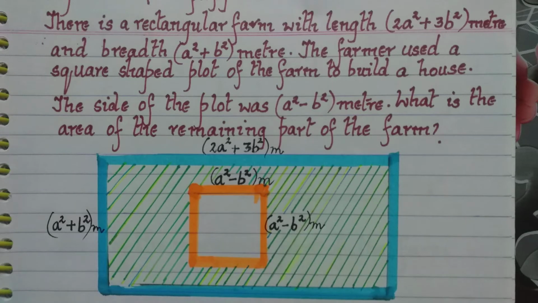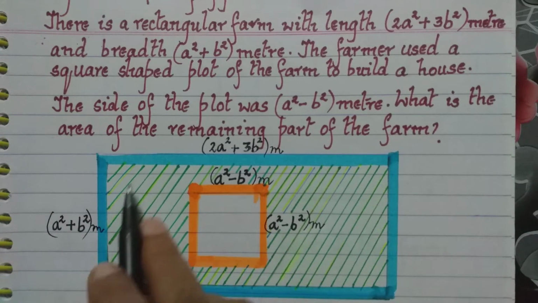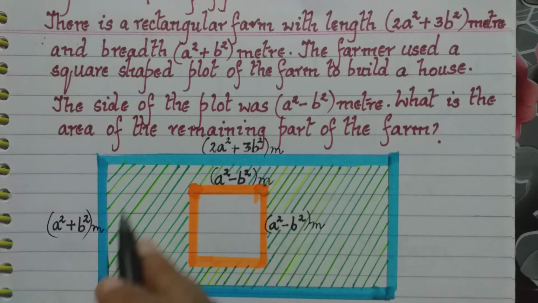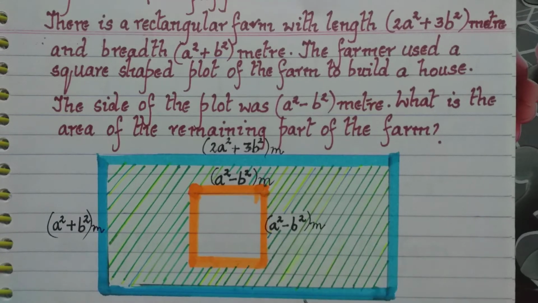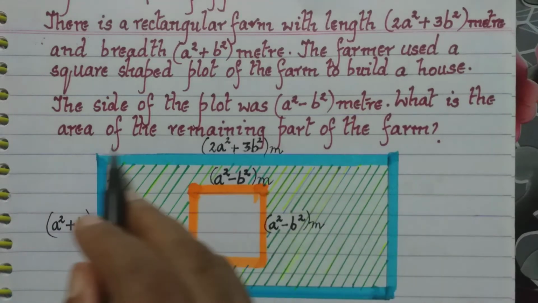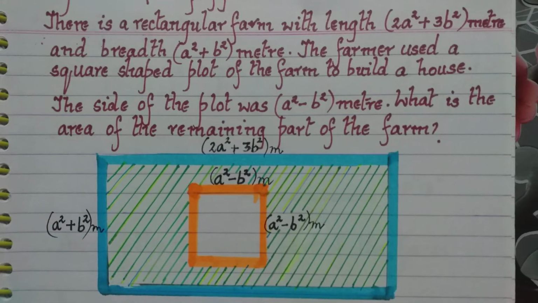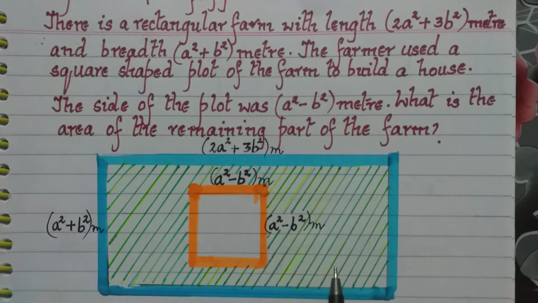Now, if the farm is rectangular and he has used this square shaped plot, all the remaining part which you are seeing, which is represented by oblique lines, that area we are supposed to find out. So how can we find out? First, we can find out the area of the rectangle. We know the formula for area of the rectangle is length into breadth.